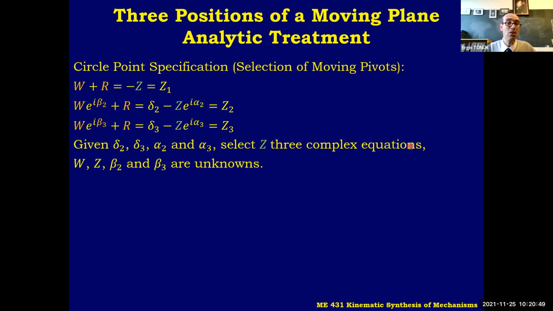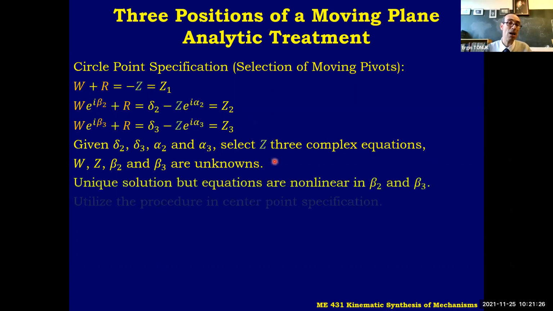You have, again, 3 complex equations, meaning 6 real equations. You have 2 complex unknowns, meaning 4 real unknowns, and 2 angles. So that's, again, is going to yield unique solution. And actually, the equations are very similar to center point specification, okay, if you would like to select the circle point. Just the variables are changed.